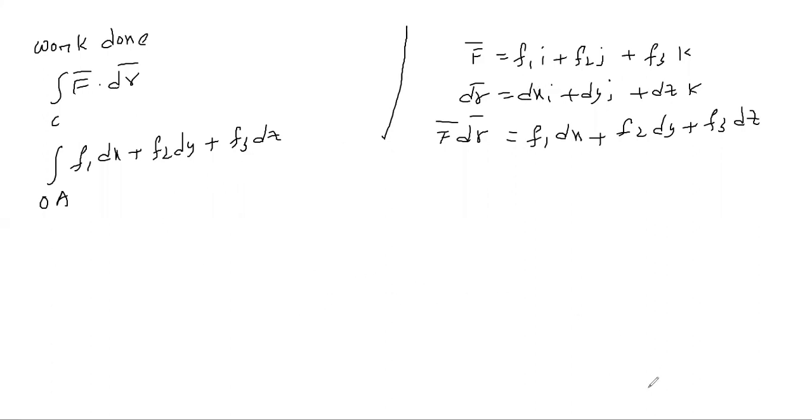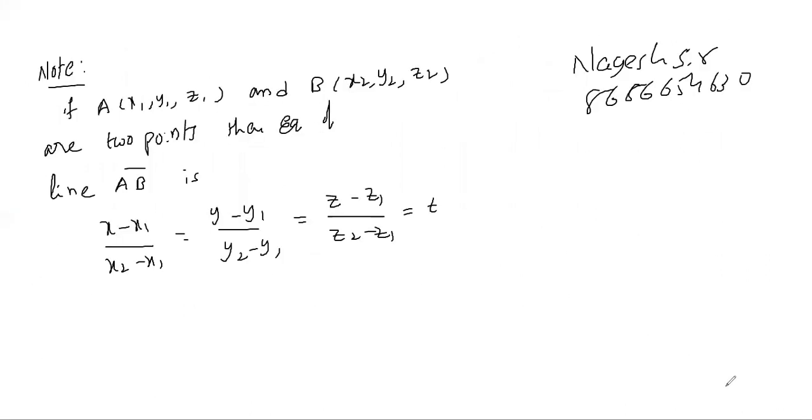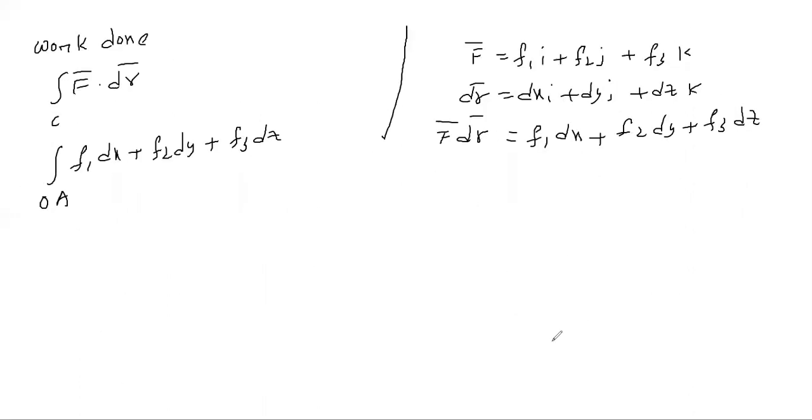Now, what is f1? Given is this f1. What is the F bar value? F bar according to the question is 3x square i plus (2xz minus y) j plus z k.